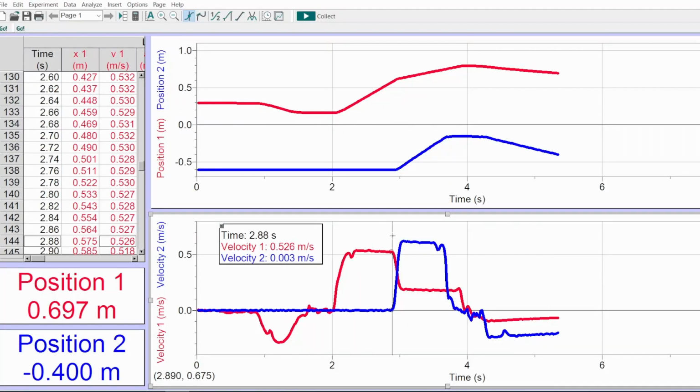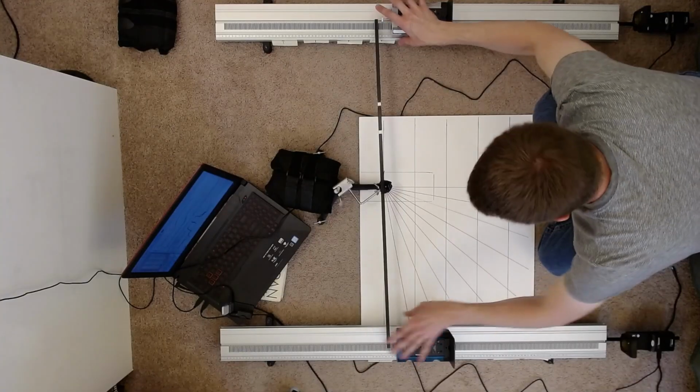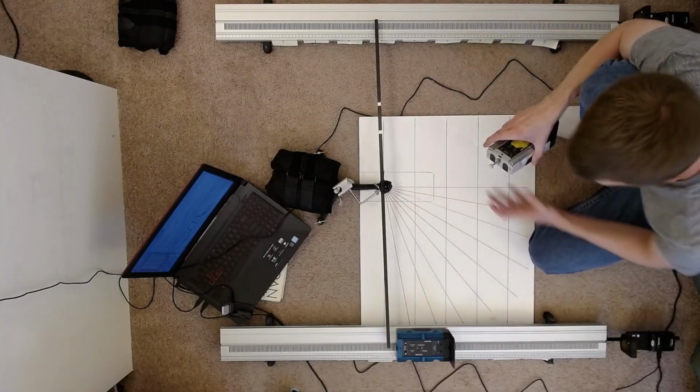For this one, getting pretty consistent in my throws, velocity 1 is 0.526 meters per second before the collision. After the collision, velocity 1 is 0.187 meters per second. Velocity 2 is 0.625 meters per second. And let's reset for the inelastic case.